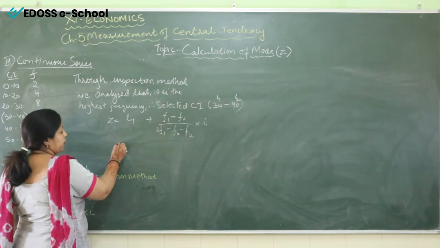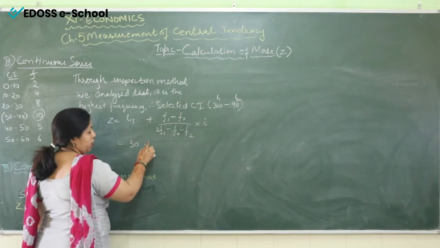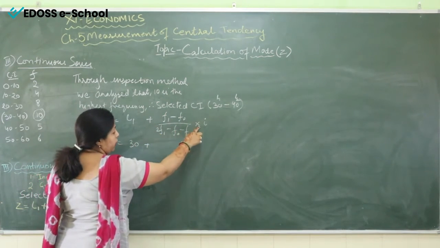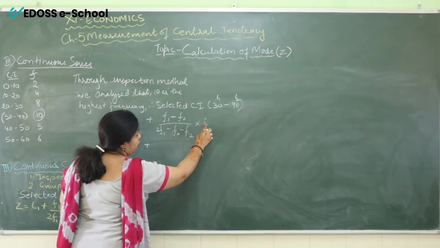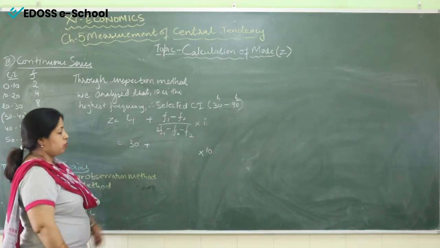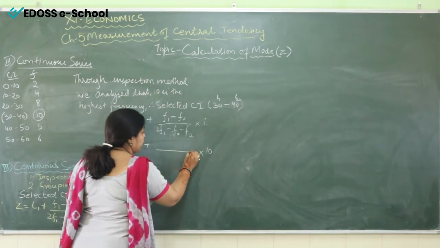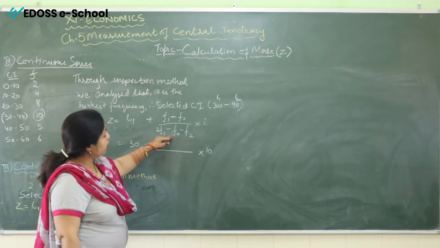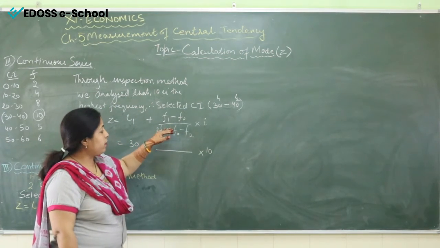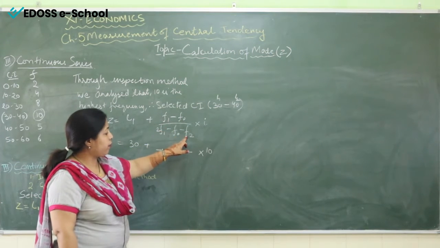Let us do it. L1 is 30 plus, and the further part is L2 minus L1, that is 40 minus 30, which is 10. So two values I have written. Now coming to the other values: F0, F1 and F2.